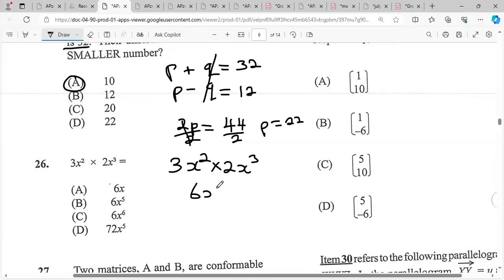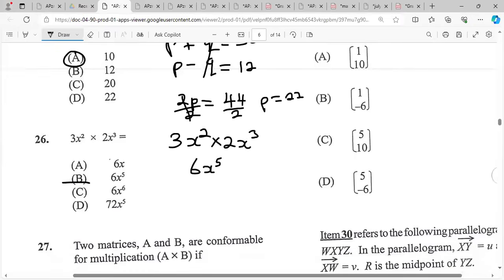We multiply the numbers normally, so 3 times 2 is 6, and the powers 2 plus 3 is 5. I've done tests where students square the 3, 3 squared is 9, and they square the 2 too, 2 cubed is 8, and say 9 times 8 is 72. Remember, only the x is affected. If it has a square around it, that's a bit different. But I've seen students do that.